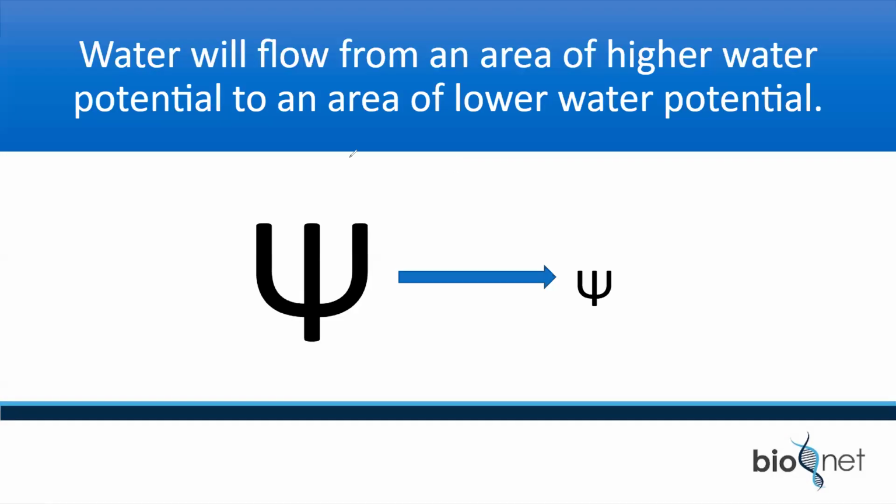The next big thing to understand is that water will flow from an area of higher water potential to an area of lower water potential. So I'm going to back up to something you probably learned in another one of my videos, and that is that water in osmosis, so we can think about osmosis, another related process here. Osmosis is the movement of water across a semi-permeable membrane.